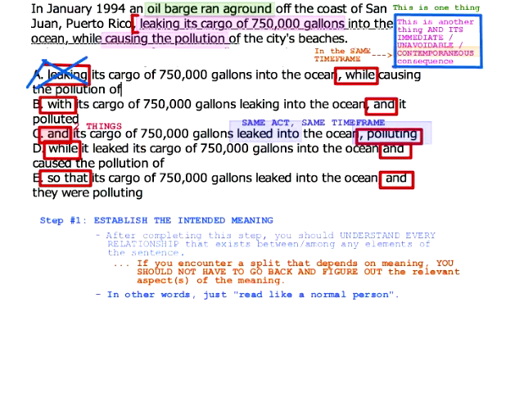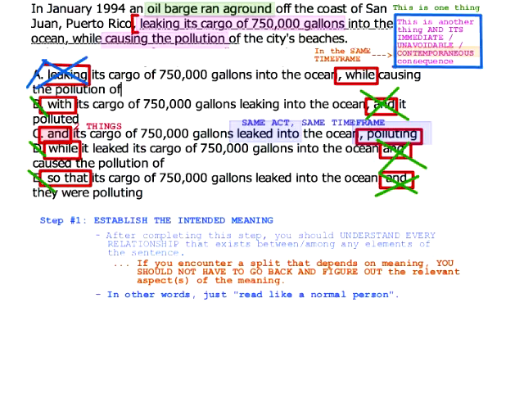Now, if you look at the rest of these things, these ands don't work for the same reason that comma ing does work. Actually, all three of these are out for the same reason, because it implies separateness of the action of polluting from the action of leaking oil, which doesn't make sense.